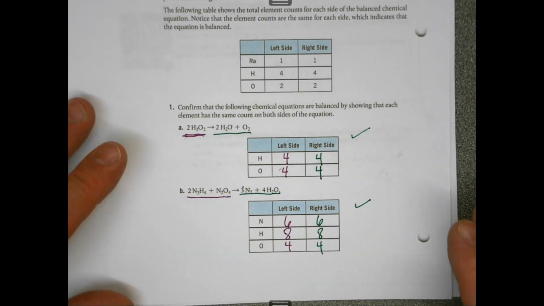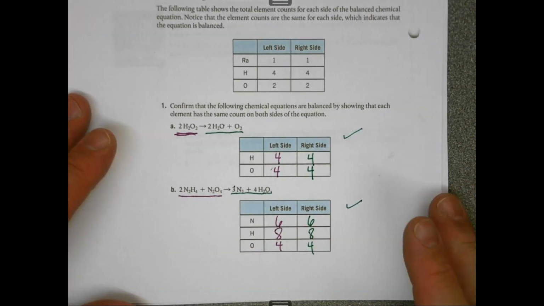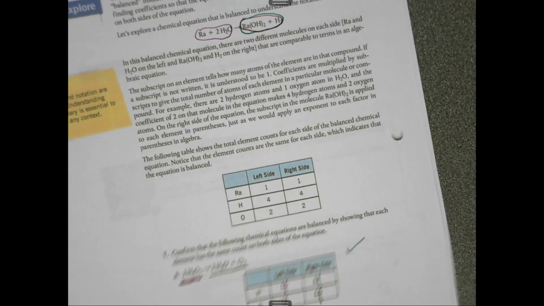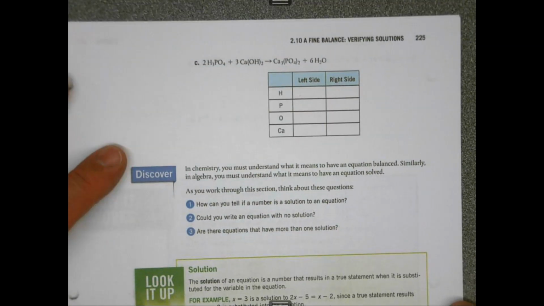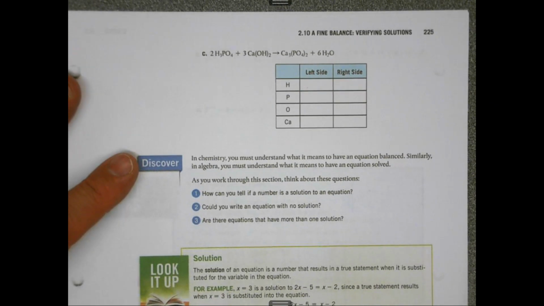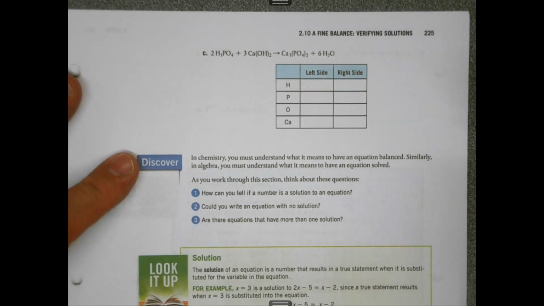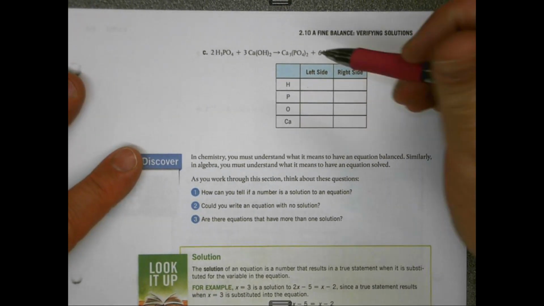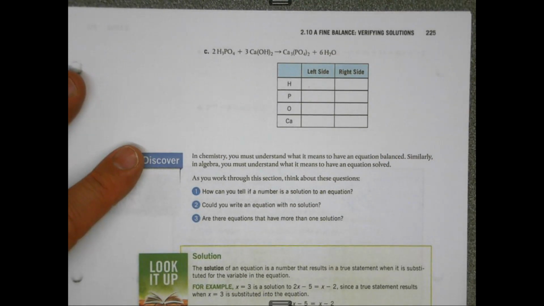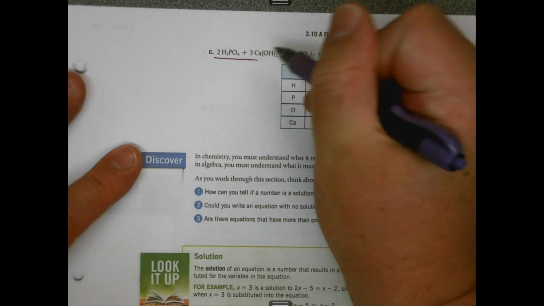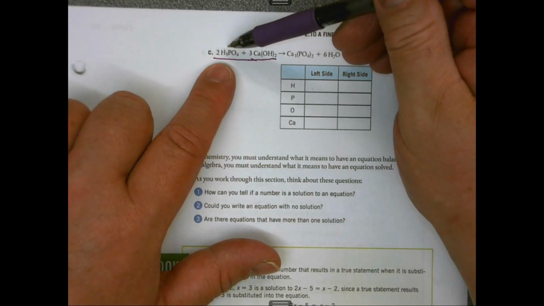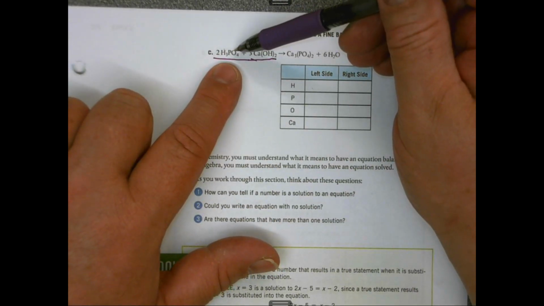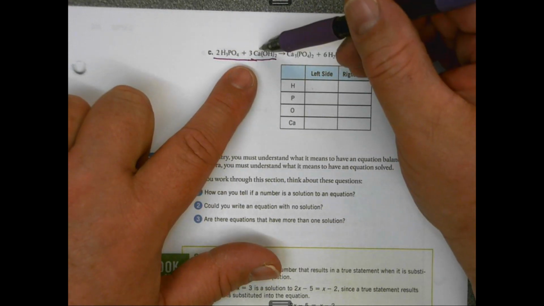C. C, I've got left-hand side. Let's see, how many elements? Hydrogen, potassium, oxygen. I think that's potassium. I don't know if that's potassium. Calcium, oxygen, hydrogen, Ca. Okay, H's. I'm going to do this off to the side.